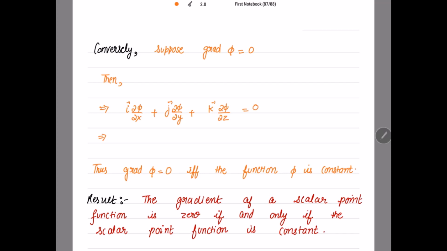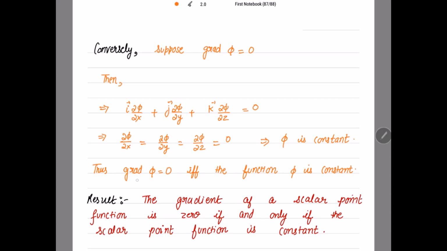This can be 0 if each of these terms is equal to 0, that is del phi by del x, del phi by del y, and del phi by del z are each 0, which implies phi is constant. So this is your if and only if condition. If and only if means this way is also true and the other way is also true.